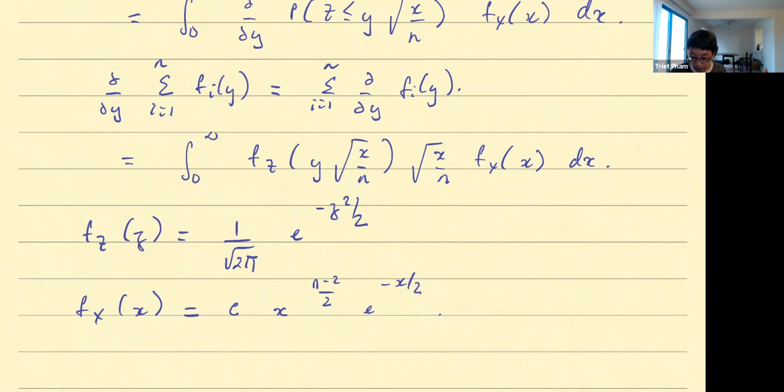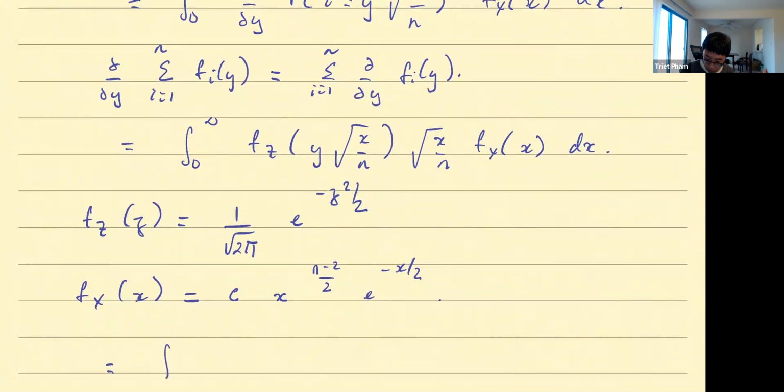So now plugging this in, this integral becomes the integral from 0 to infinity of a constant. I will count this as a constant too. What I get is e to the minus y squared over 2 times x over n.